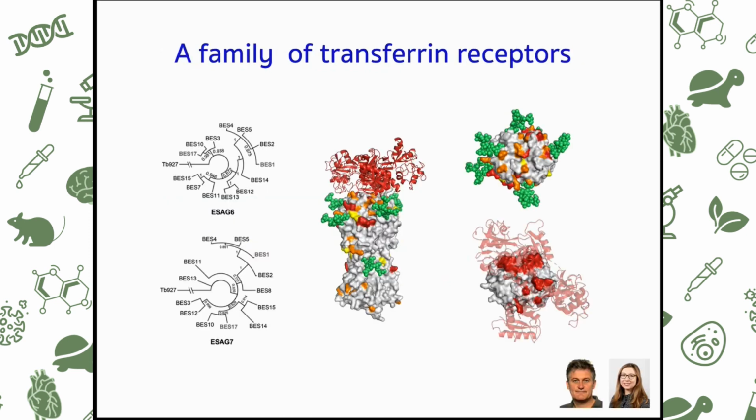One of the ways in which they do this is by having families. So I showed you the transferrin receptor earlier. Well, there's not just one transferrin receptor in the genome of this trypanosome, this sleeping sickness parasite. There's a whole family of transferrin receptors, about 20 of them. But each sleeping sickness parasite cell, each trypanosome cell, will only express one of them and use one of them.